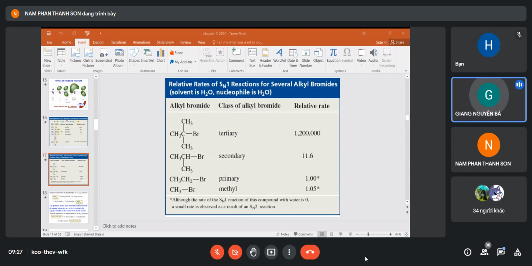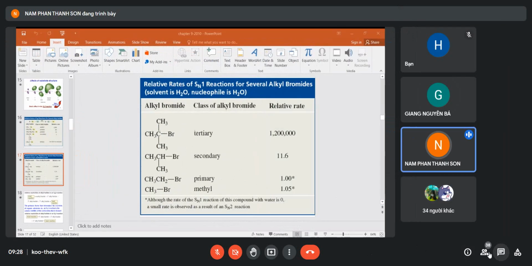Because in the tertiary there are three CH3 groups, which donate electrons by hyperconjugation. So tertiary is more stable. So will tertiary give you SN1 or SN2, Yang? I think it is SN1. Okay, very good.